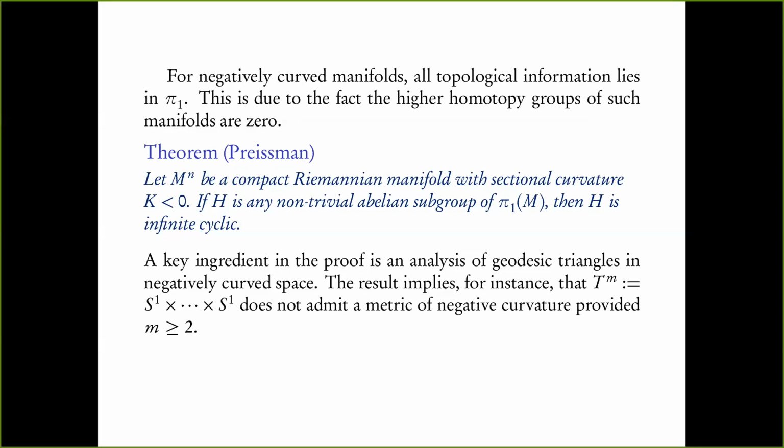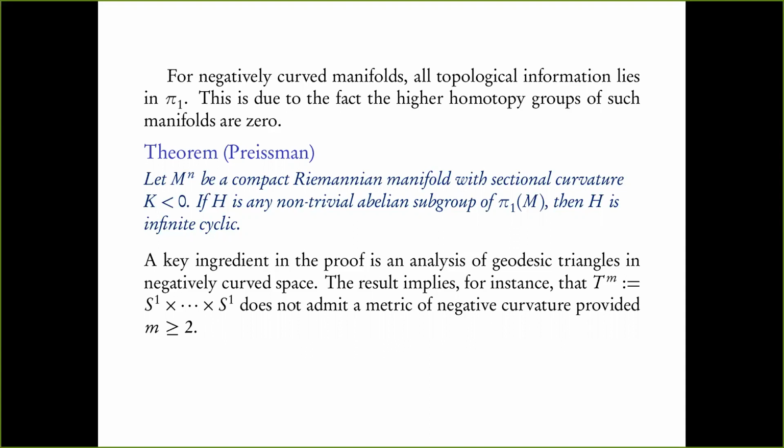Right. So if m is at least 2, then pi 1 of T^m is simply the product of the pi 1's, which is Z cross Z cross Z, so it's Z to the m. And Z to the m always has a copy of Z cross Z if m is at least 2. But the theorem says that if H is any non-trivial abelian subgroup, H has to be isomorphic to Z, and clearly Z cross Z is not isomorphic to Z. So T^m cannot admit such a metric.